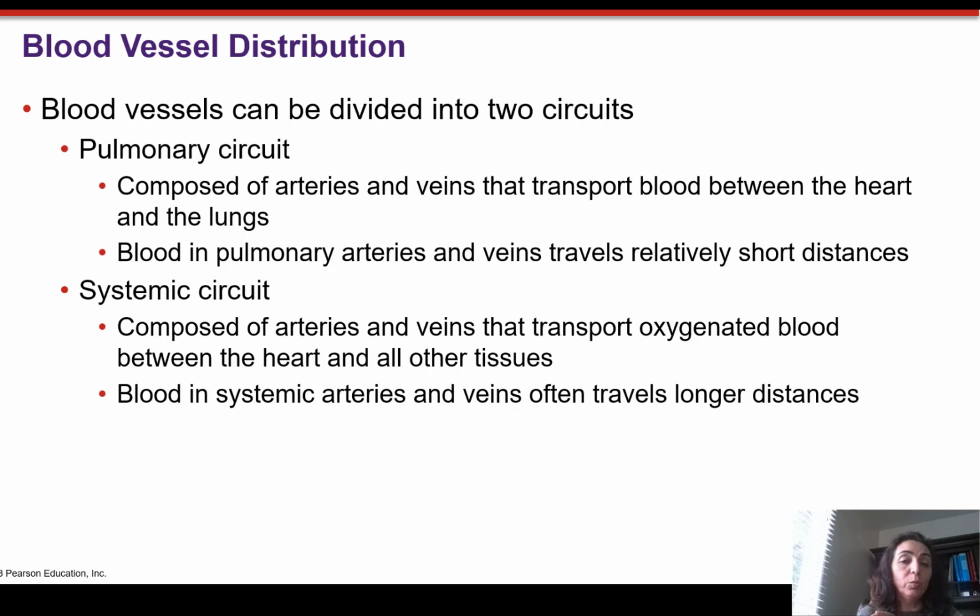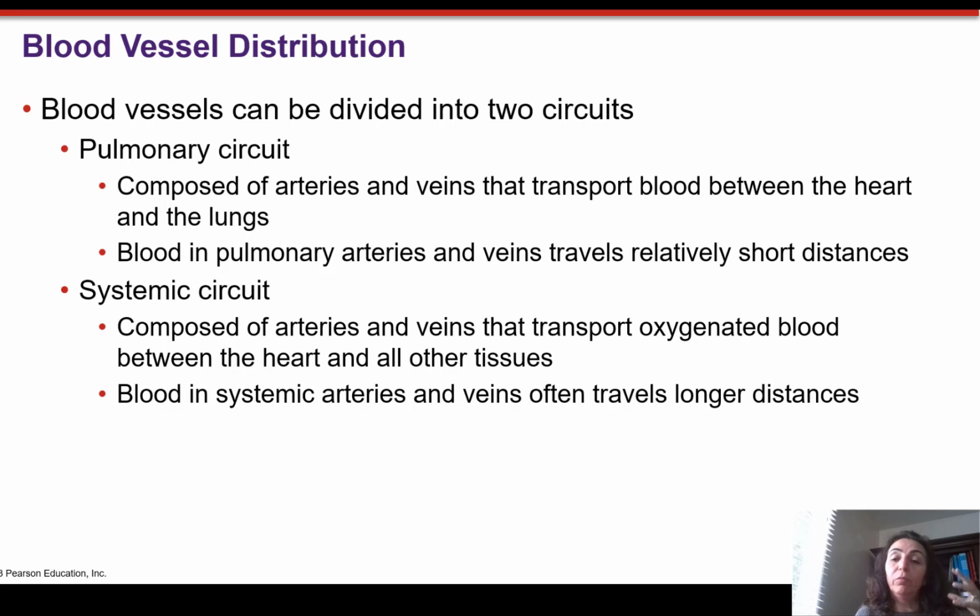And then after those pulmonary capillaries continue to the venous side, they have lots of oxygen. All those pulmonary venules end up becoming pulmonary veins, and the pulmonary veins get back to the left atrium, now with lots of oxygen.